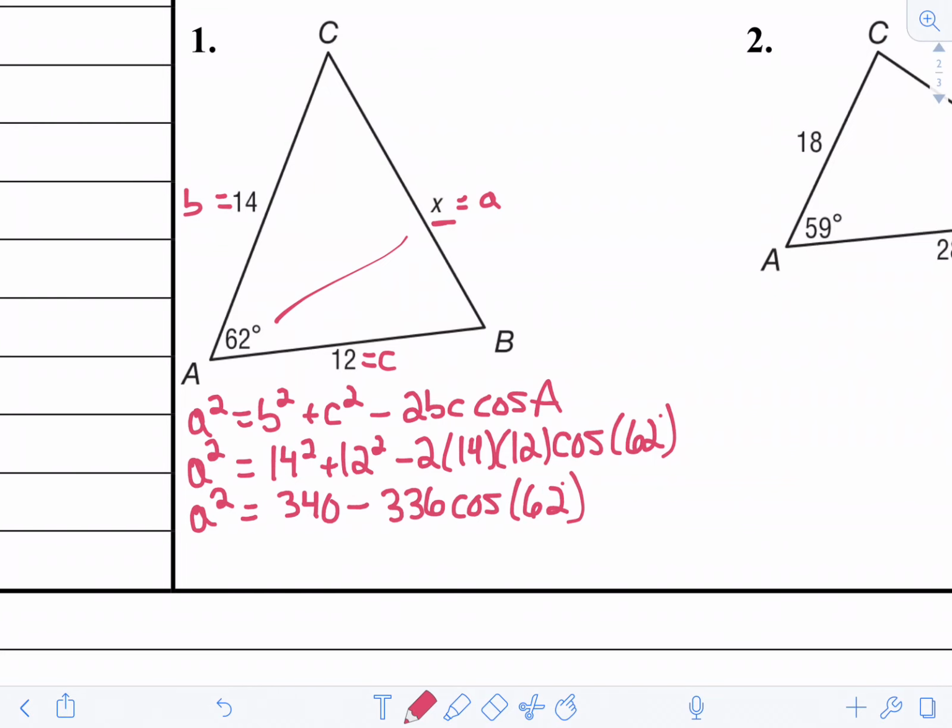So when I type all that in, I will get a squared is equal to 182.257, lots of other numbers. So you hit second square root, second answer, so that way it'll copy all the decimals. Rounded to the nearest tenth, we'll get 13.5.